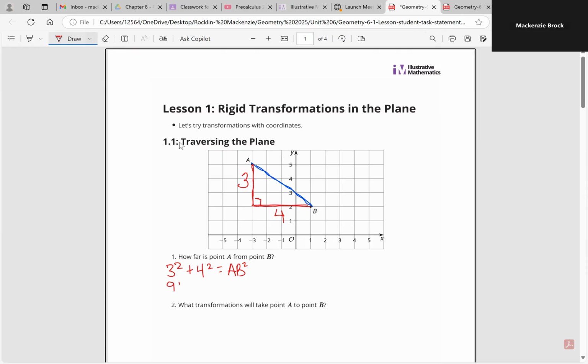All right, so this would be 9 plus 16. 9 plus 16 is 25. And square root of 25 is 5. Or again, if you recognize that's a 3, 4, 5 triangle, then you do not have to do all that work.